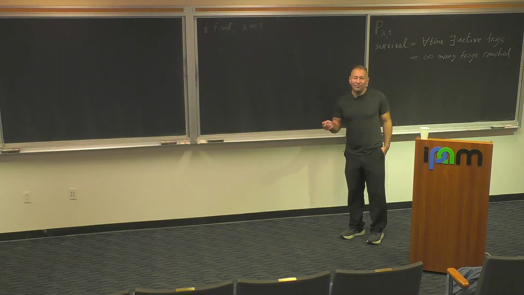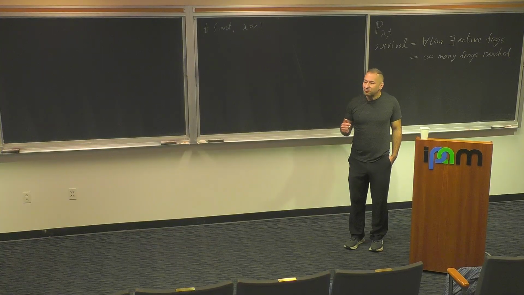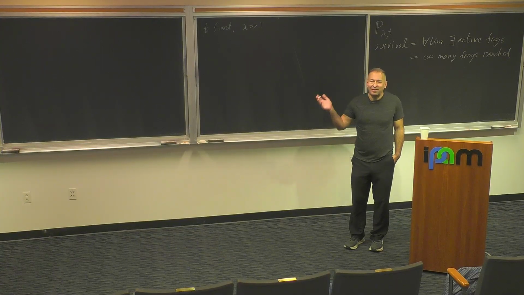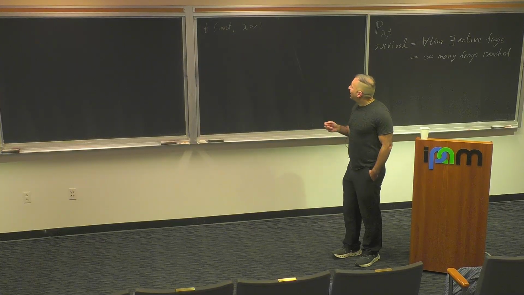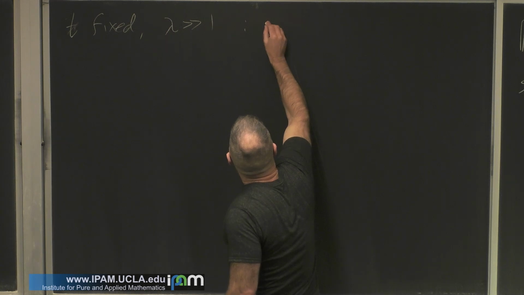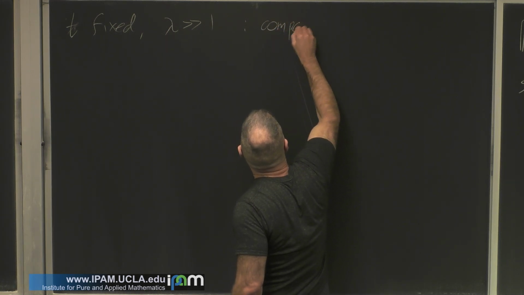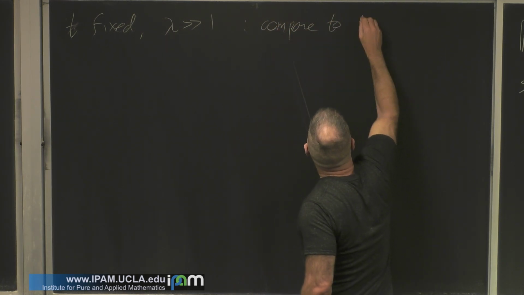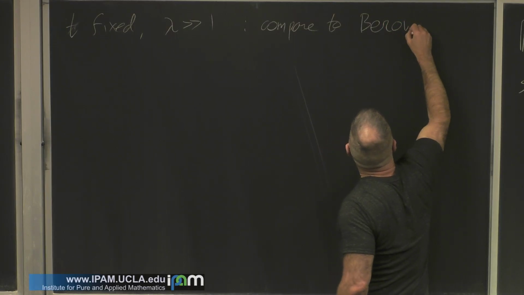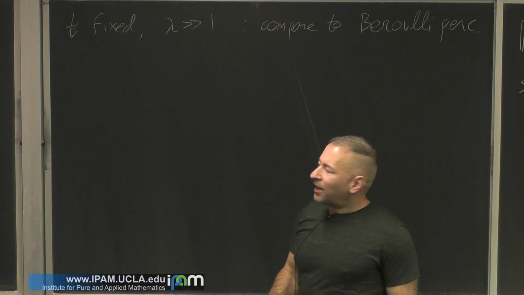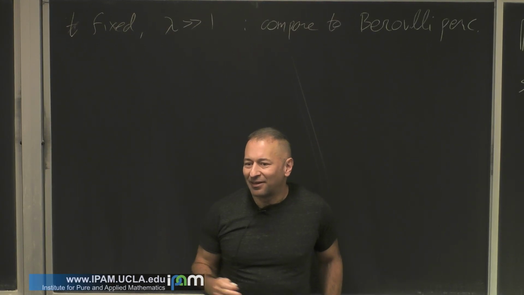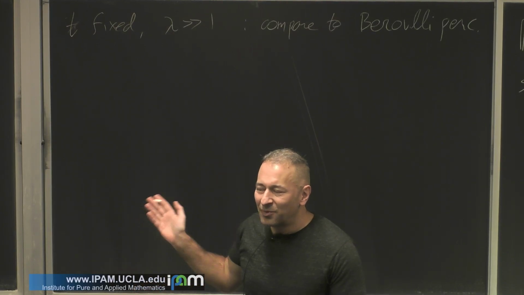And you see that if you have such an infinite cluster of open edges, then you also activate infinitely many frogs. And so you just compare to Bernoulli percolation. So you just argue that the process dominates Bernoulli percolation.